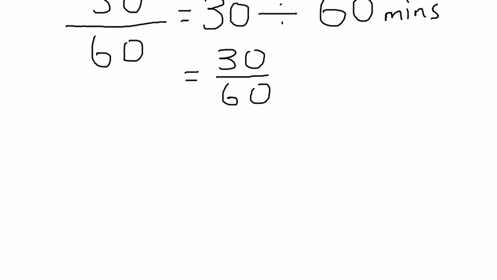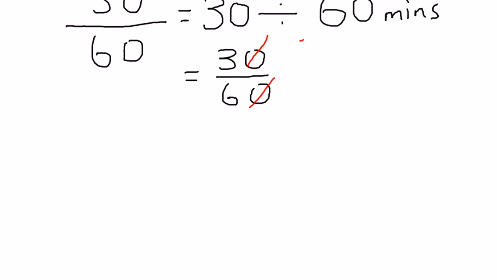Now how do I do 30 over 60? You see that there are 2 zeros, one on top and one below. One here, one here. Now, if you do not see any decimal point inside 30 and 60, all you have to do is just to cancel the zeros.